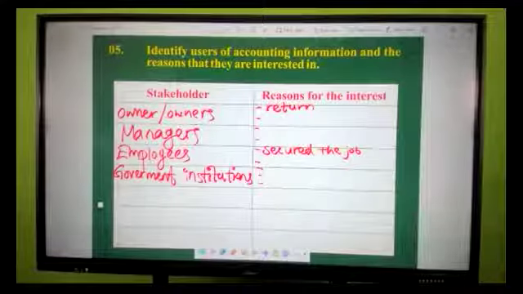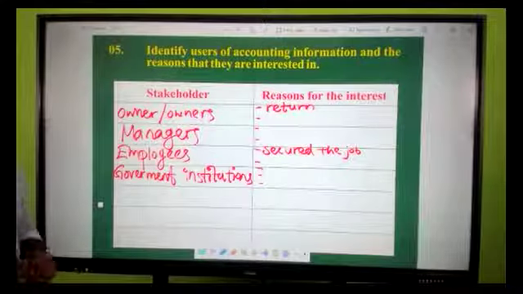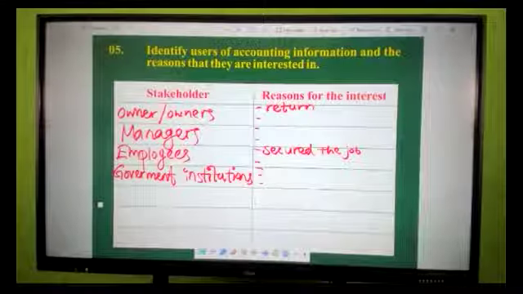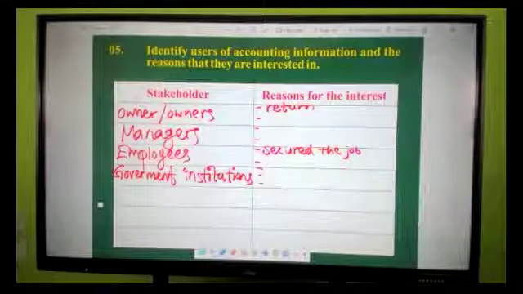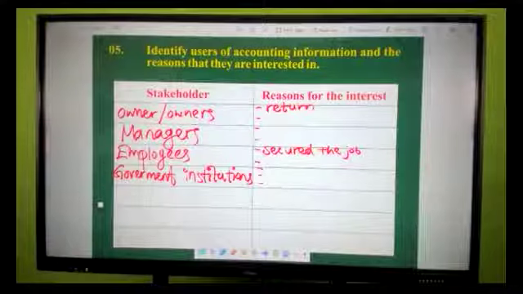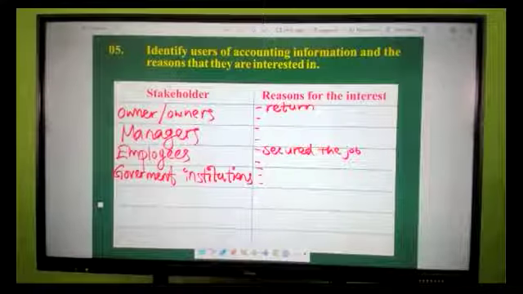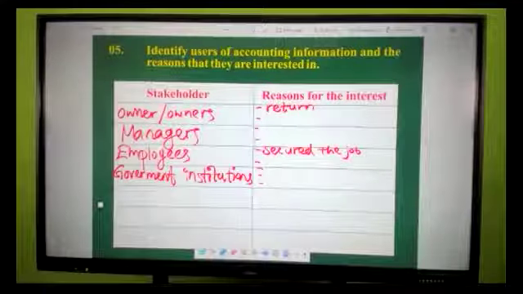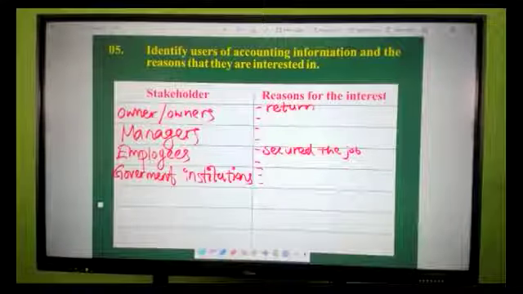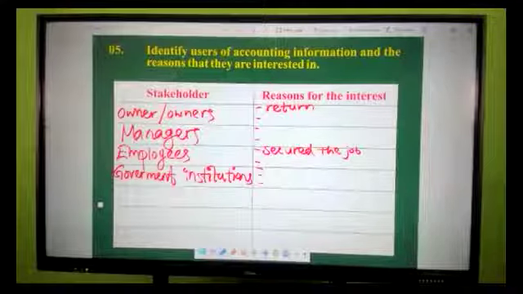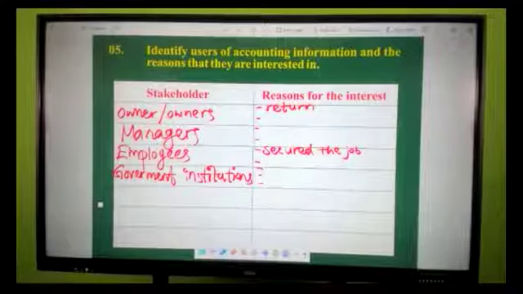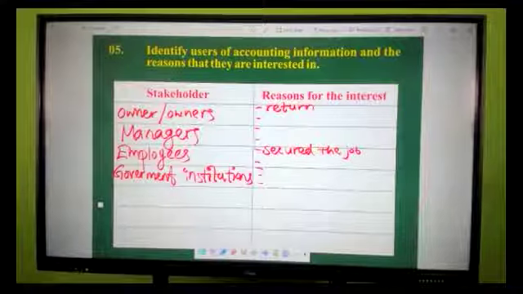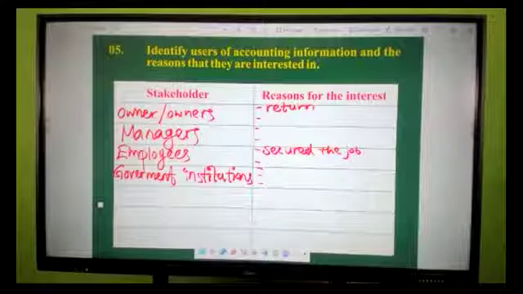Last one, are required records provided to relevant institutions? Let's write 3 things for this.